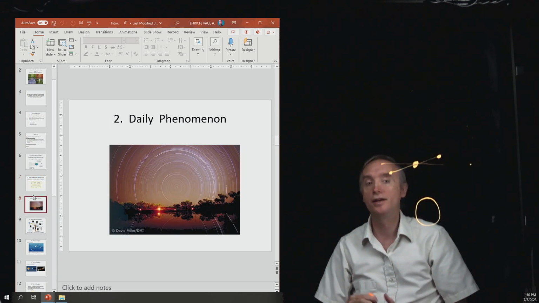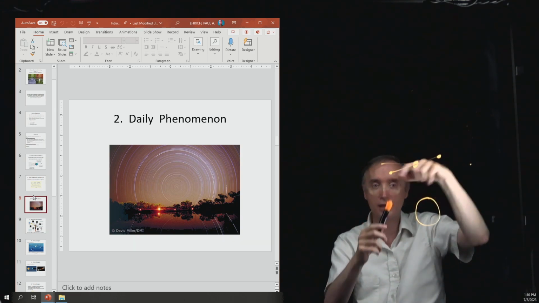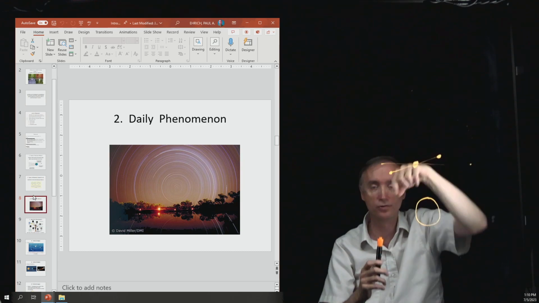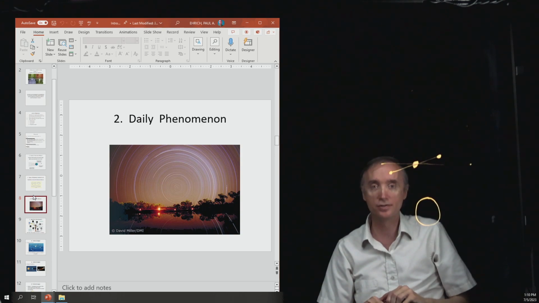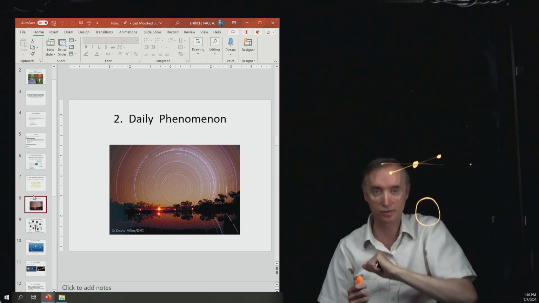All right, so now let's use this concept of spin and orbit in order to explain different phenomena as seen from Earth. So the first one is going to be, why do objects appear to come up in the east and then set in the west?